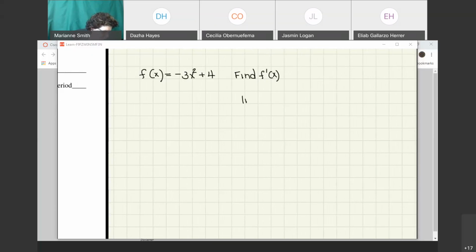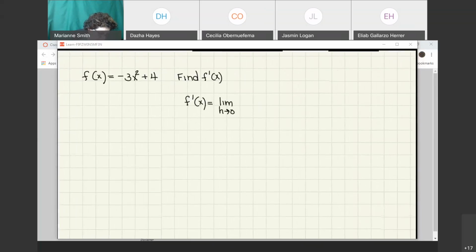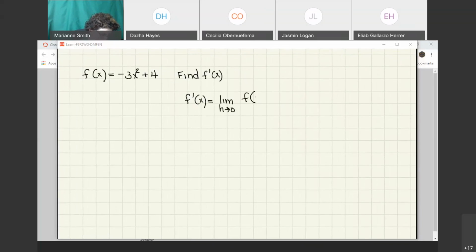So let me start with f prime of x equals the limit as h approaches 0 of f of x plus h minus f of x. Okay, and again, just so you understand, I'm using the same x values, right?